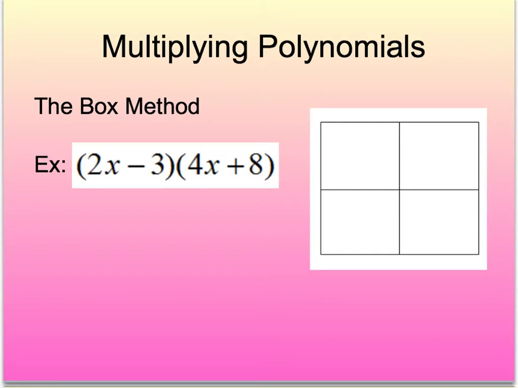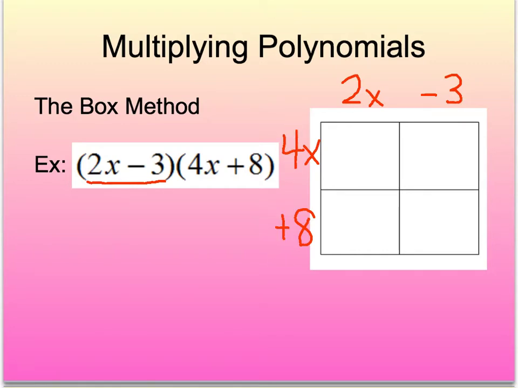And so to use the box method, we put one binomial along the top, and we're using a 2 by 2 box because we have a binomial times a binomial, and you place the other binomial along the side. Now, it doesn't matter which one you put on the top and which one you put on the side, as long as you keep the terms together. So I need the 2x and the minus 3 on the same side, and I need to keep those in the same order as they appear in the problem.